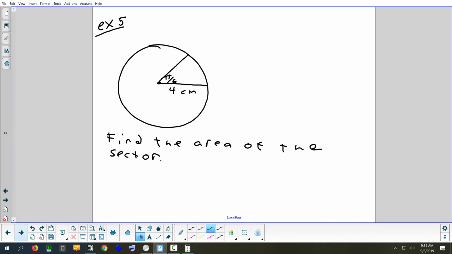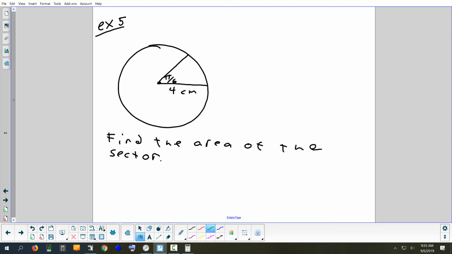Okay, so the first one, we are solving for A. Find the area of the sector. All right, now we know both formulas. I've given you guys the arc length one, I'm giving you the area one. You have to decide which one to use. Which formula is this going to be?